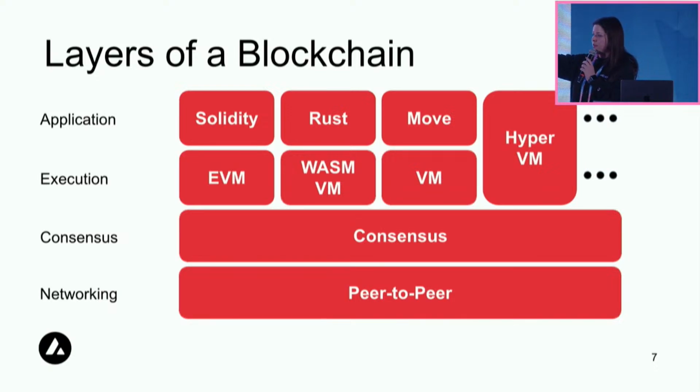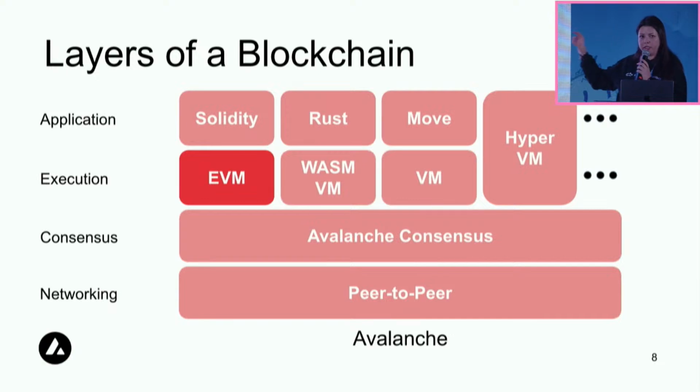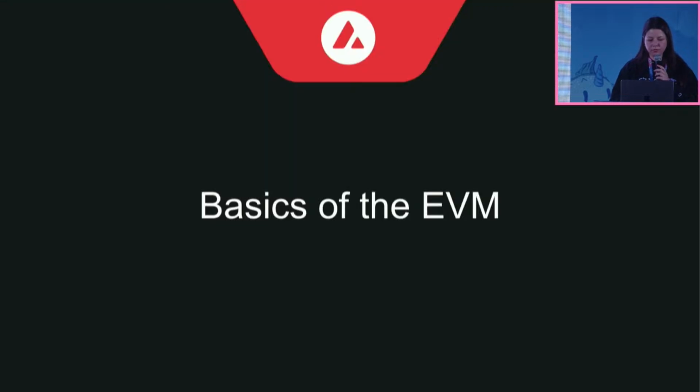You can have some EVM where you write in Solidity, some WASM VM that you can write in Rust, some virtual machine that uses Move, or even custom virtual machines. But for this workshop, we're only focusing on this specific part. So it's not about building an application, what we're doing today. It's just modifying the interpreter of the EVM so you can have specific functions associated with the execution environment.